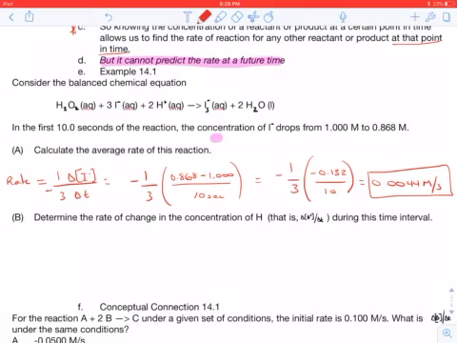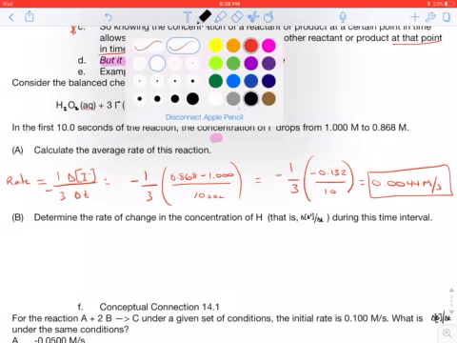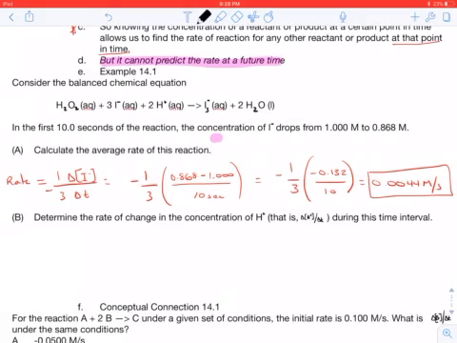So that's our rate. And now, how do we compare that to H plus? Very simply, we're just going to compare.